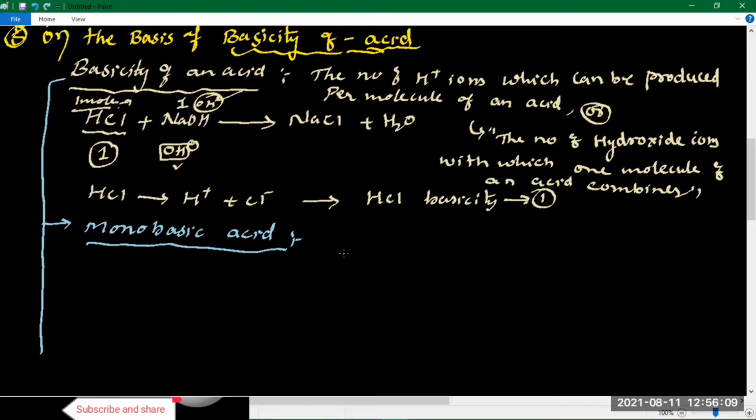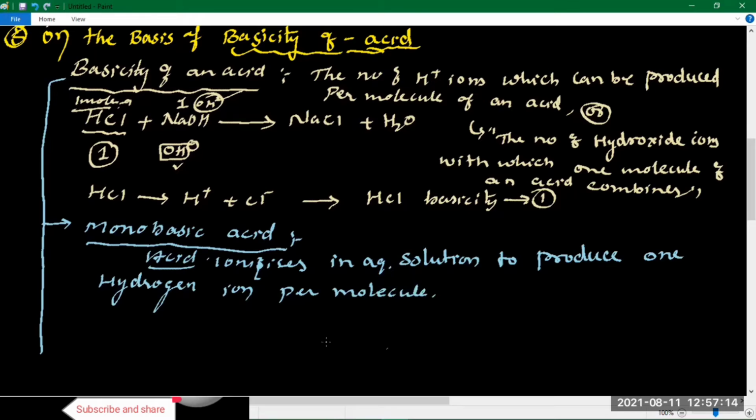Otherwise, if an acid contains only one replaceable hydrogen ion per molecule when dissolved in water, that is also called a monobasic acid. Examples. Let me take HCl, hydrochloric acid.